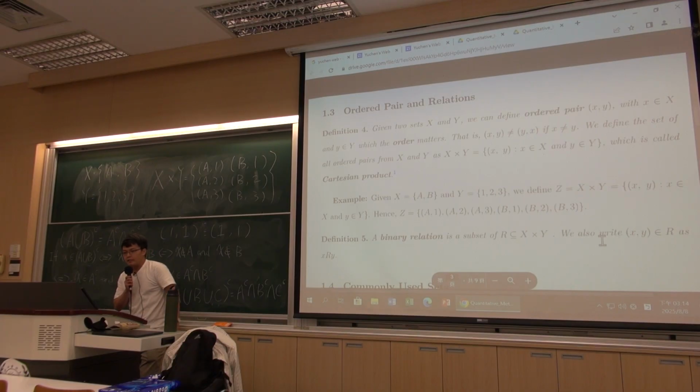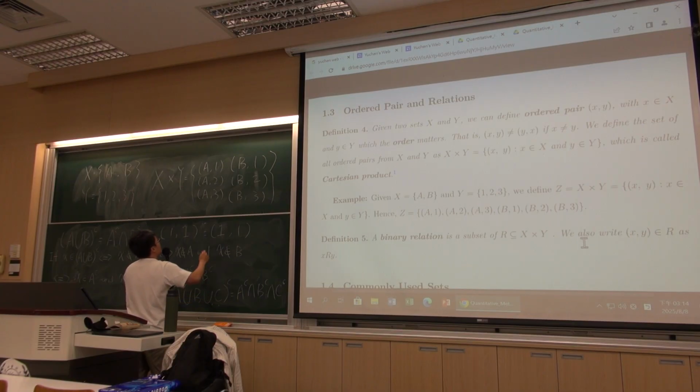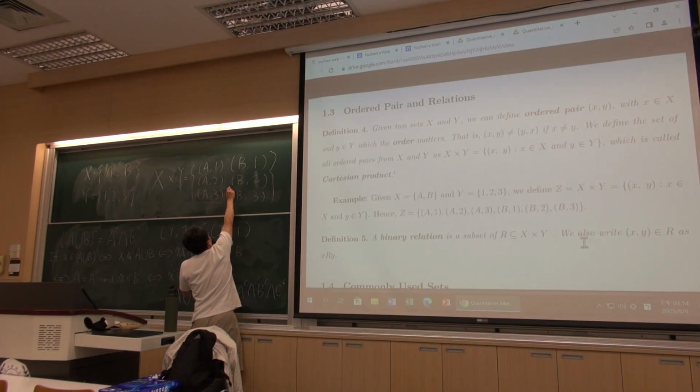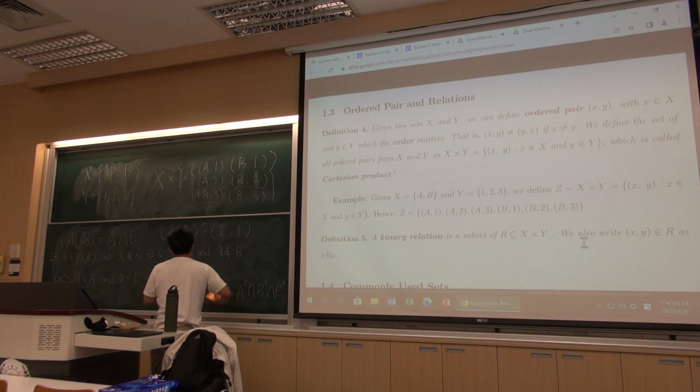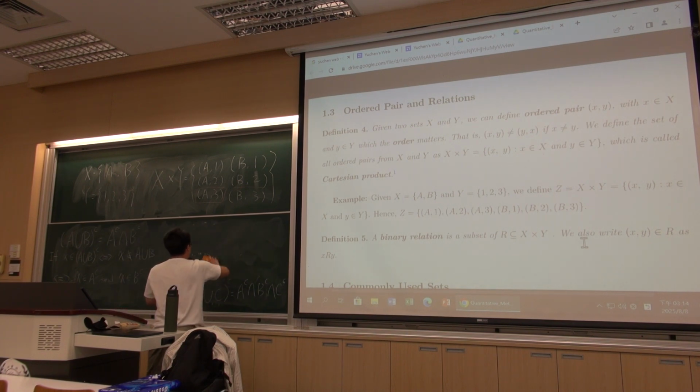And the binary relation is a subset of X and Y. For example, if I only want to pick this one, A3 and B2, that will be a subset of such an ordered pair set.